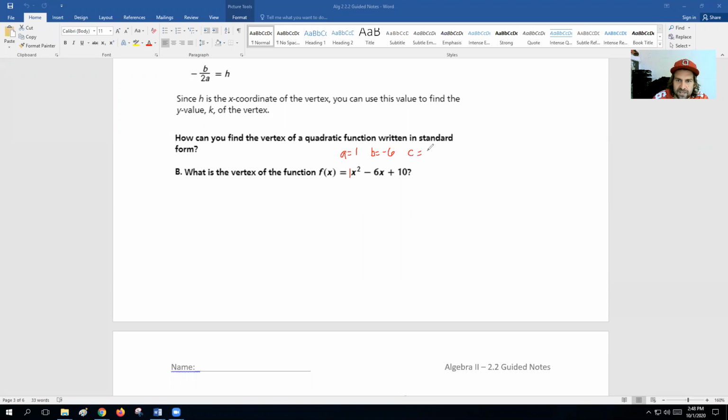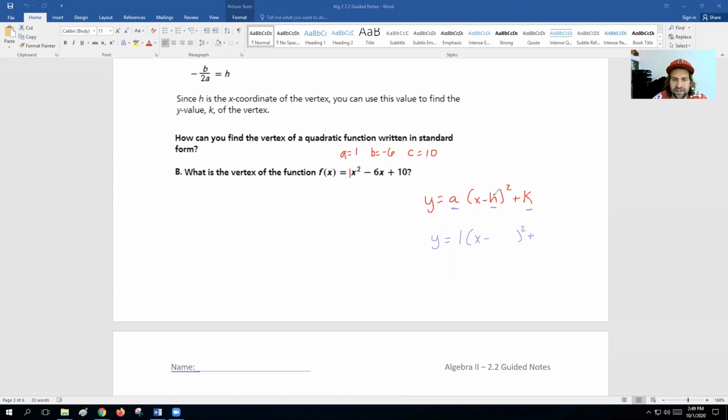And c would equal 10. If I want to put this in vertex form, y equals a times x minus h squared plus k, I already know what a is. Remember, in vertex form, we need to find a, h, and k. So I already have y equals 1 times x minus.